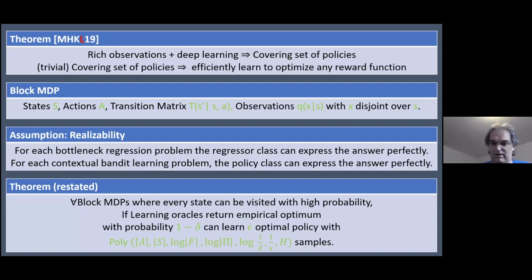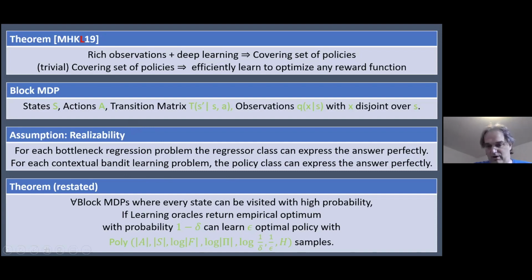The theorem is that for any block MDP, as long as you can visit the state with a reasonably high probability, if the learning oracles work well, so you achieve your realizability, and they return an empirical optimum, so they return the best regressor on the empirical data set that you create, or the best contextual bandit solution on the empirical data set that you create, then with high probability, you can learn an epsilon optimal policy in a number of samples which is reasonable at a high level.